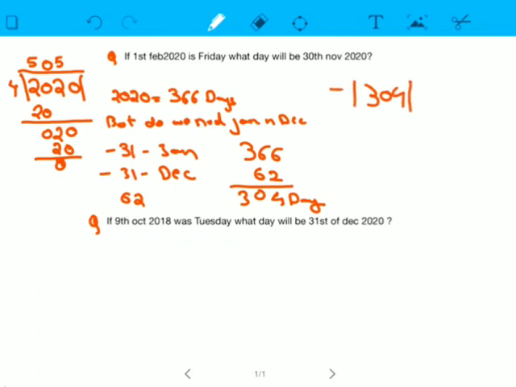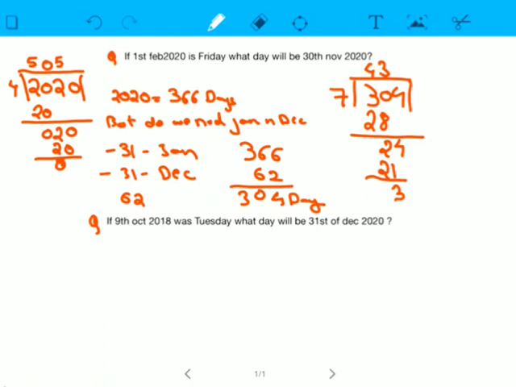304 divided by 7. First we need to find out what's there for 30, because it is not in the 7 times table. But 4 times 7 is 28, which is closer to 30 than other answers. So 4, and bring down 4. But 24 is also not a multiple of 7. So what will it be? 3 times 7 is 21, which is closest to 24. But that leaves 3 out.